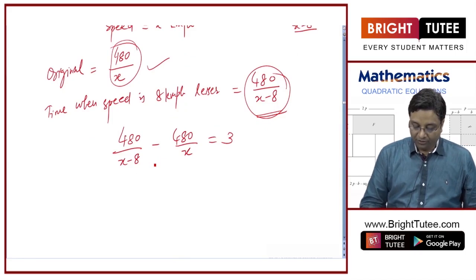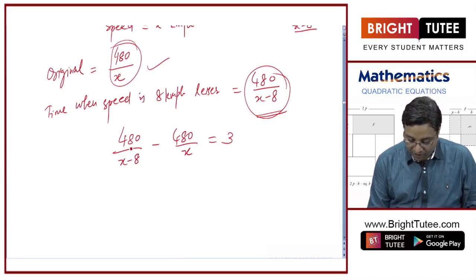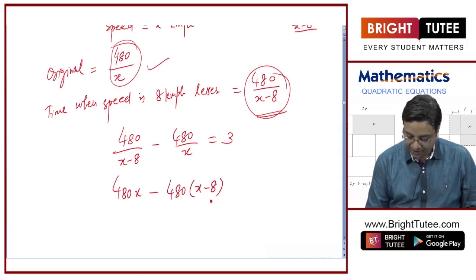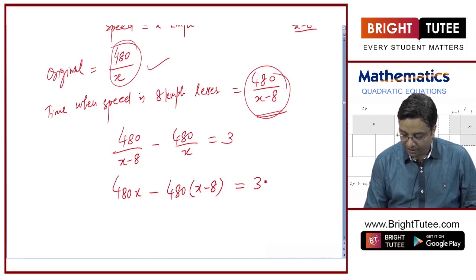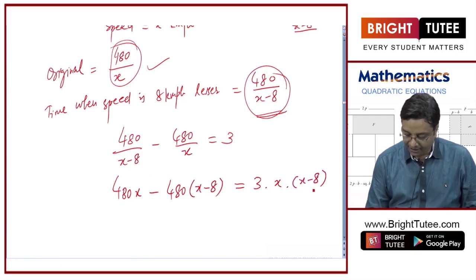So now if I solve this, it will be the quadratic representation. So let's do it. 480x minus 480 into x minus 8. Then we can take the LCM on right hand side, which will give me 3 into x minus 8.